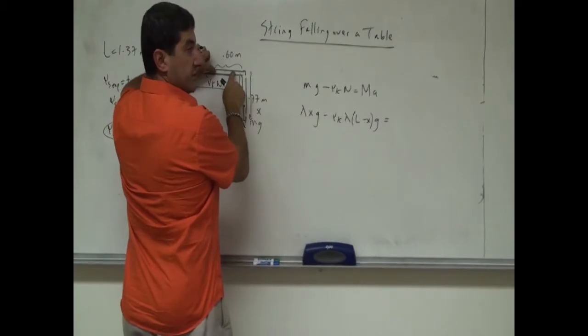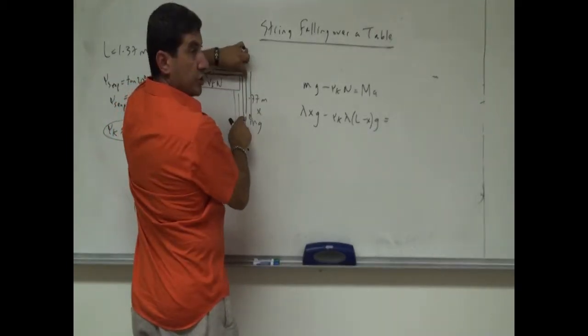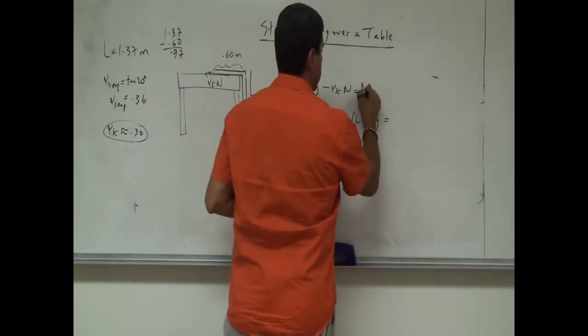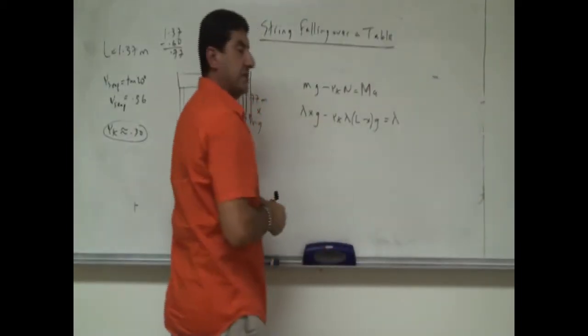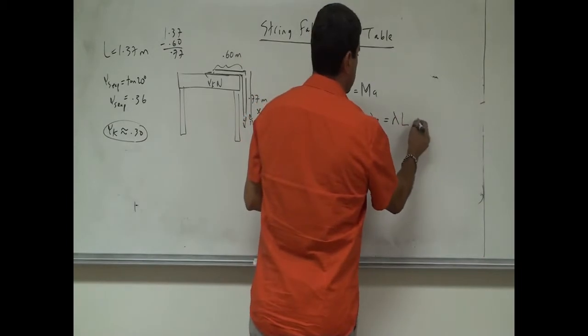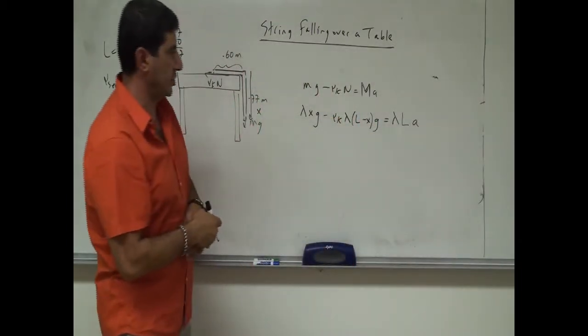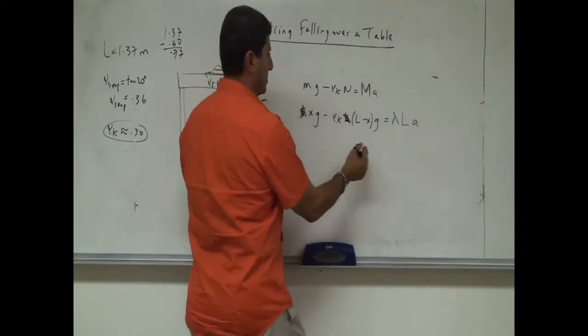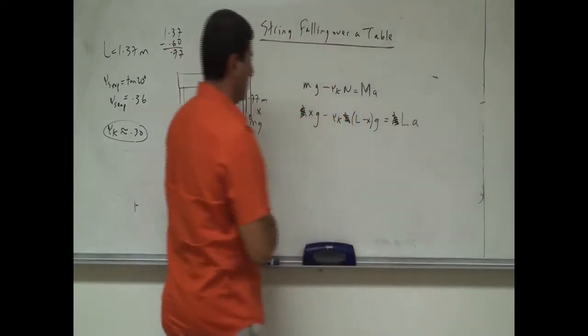Because the top portion of the string and the hanging portion are both accelerating at the same rate. So that's going to equal the linear mass density of the string times the length of the string, and that's going to give you the acceleration. Notice the linear mass density of the string does not matter. The lambda cancels out.